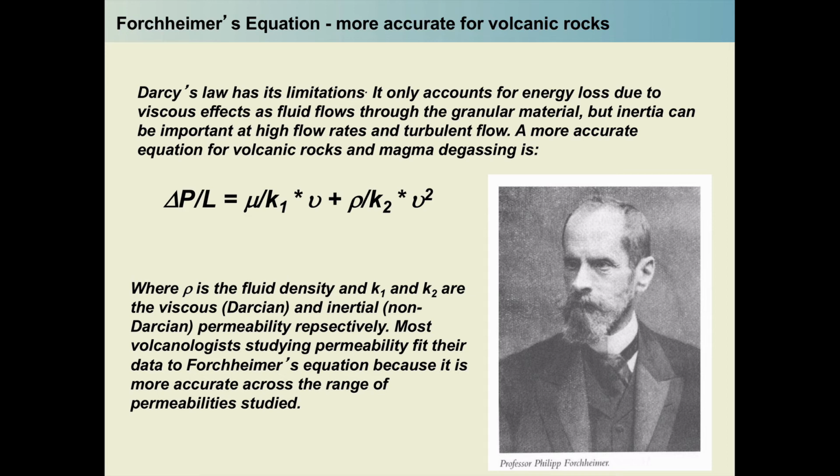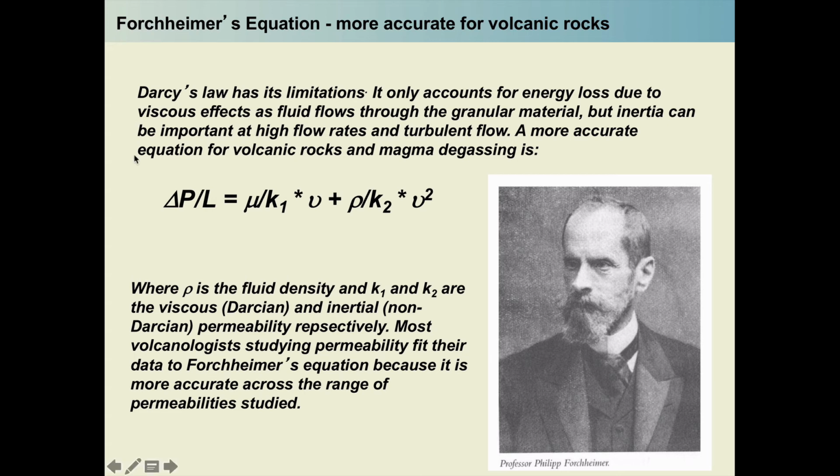So empirical work within just the past 20 years has shown that Forchheimer's equation is much more appropriate for volcanic rocks and magma degassing. So in this case, you'd be studying how gas flows through a volcanic rock or a magma that has connected pore space in it.